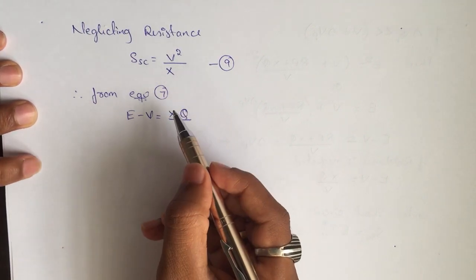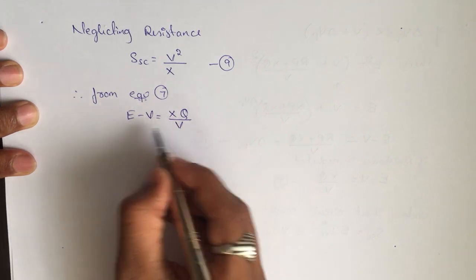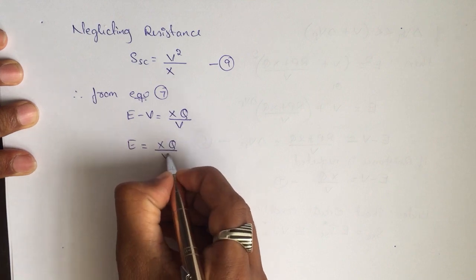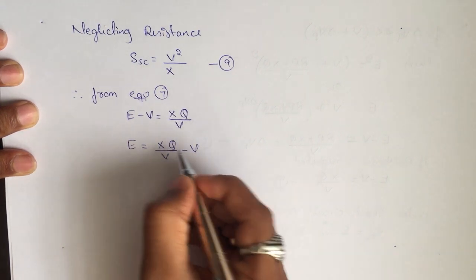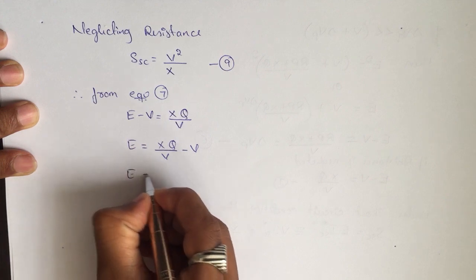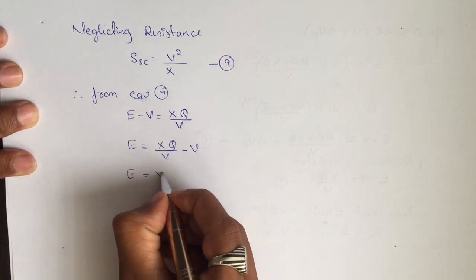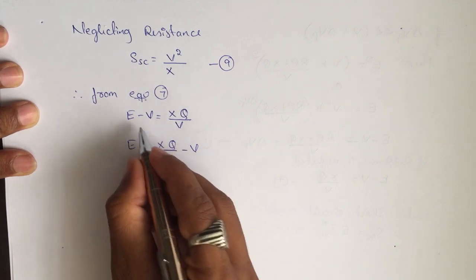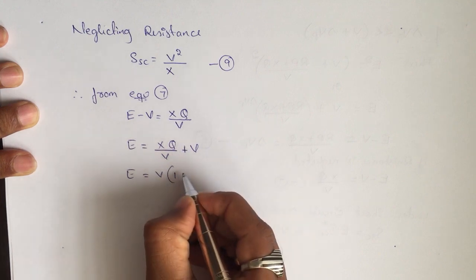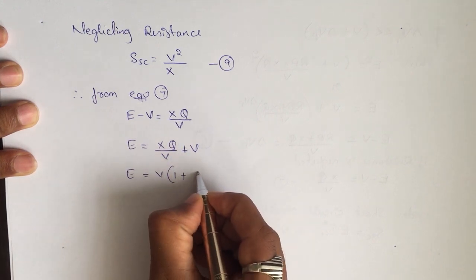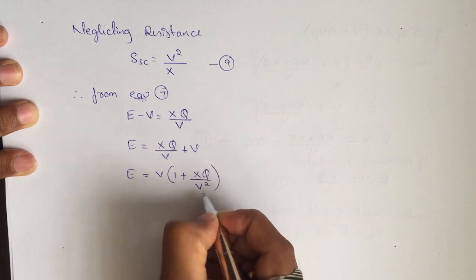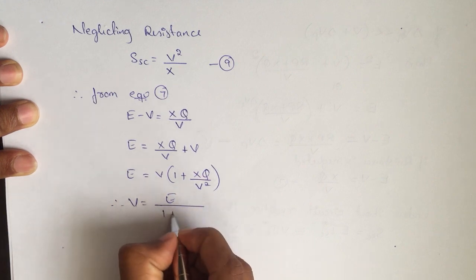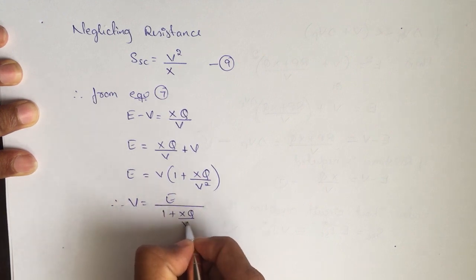If we rearrange the terms, E is equal to X into Q divided by V plus V. If we take V common, E will be equal to V into 1 plus X into Q divided by V square. Therefore V is equal to E divided by 1 plus XQ divided by V square.